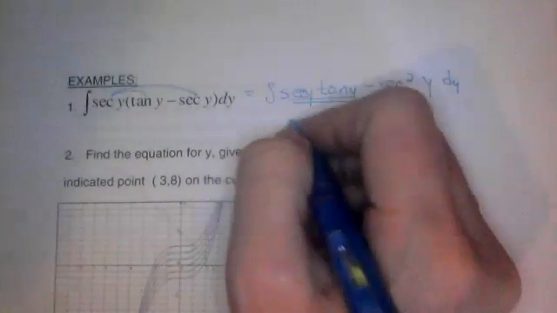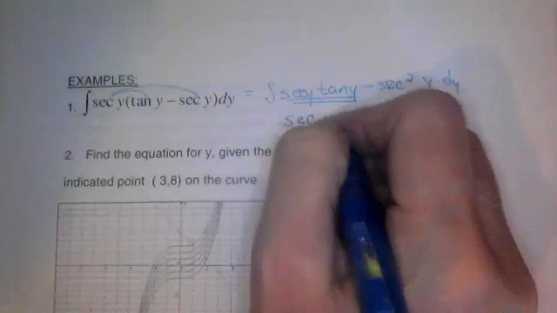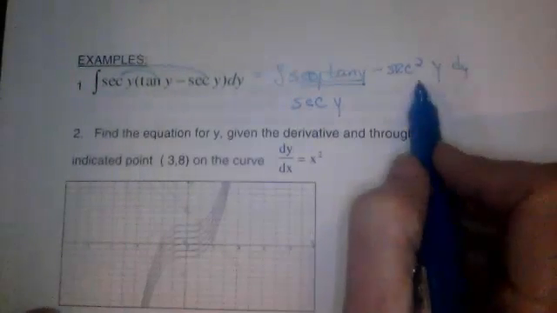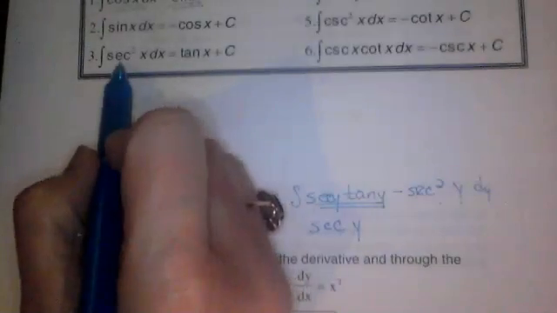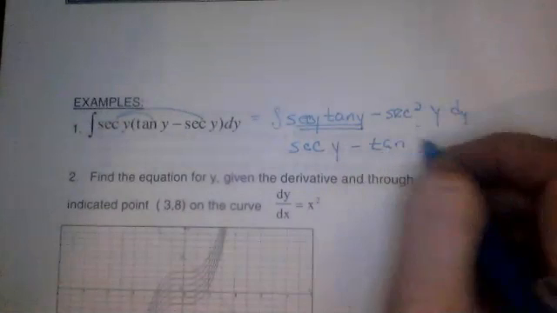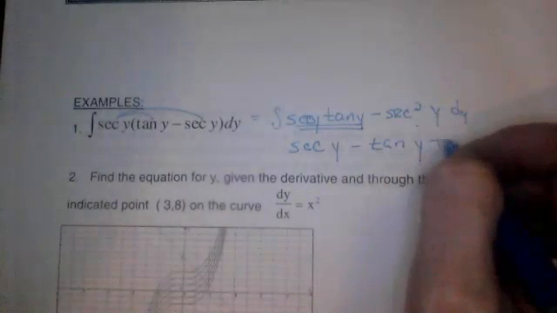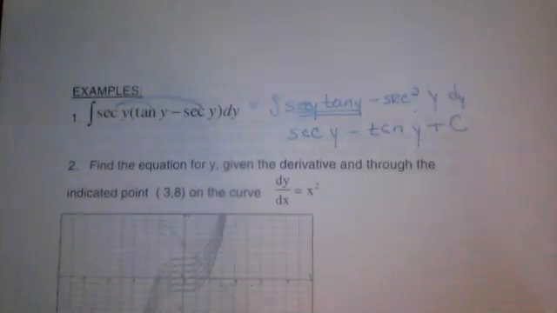So the integral of secant tangent is going to be secant y, and secant squared right here would be tangent. So if you know your derivative rules really well, then this is going to be pretty easy. Now, if you don't know your derivative rules for your trig functions, then this is going to be kind of hard, because now we're working them backwards.